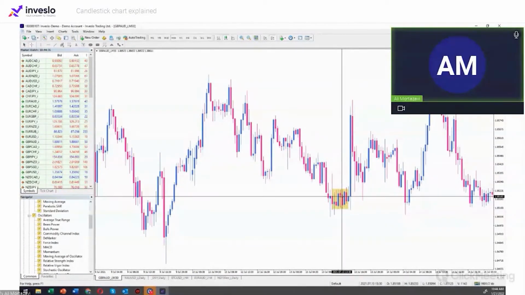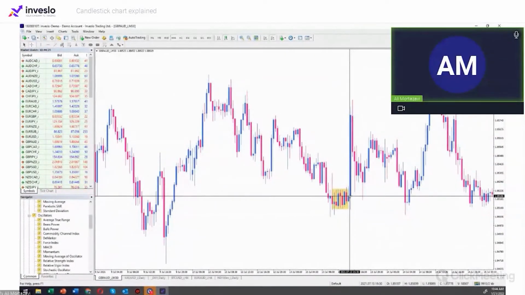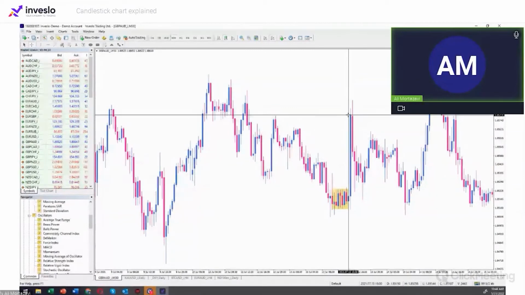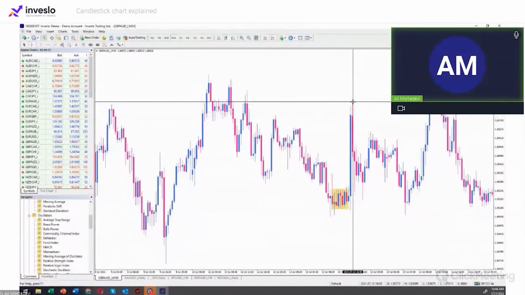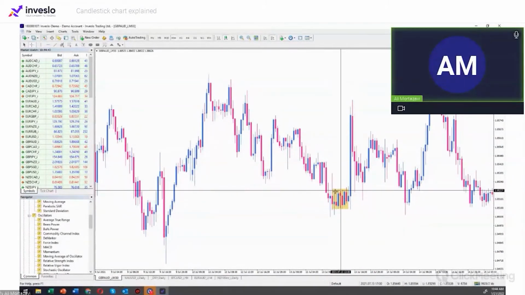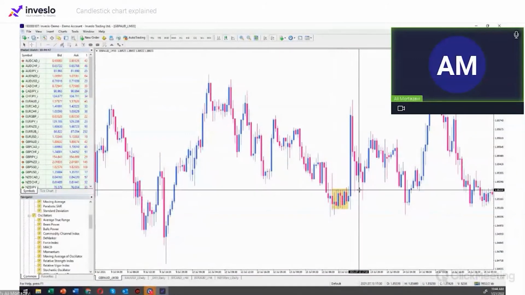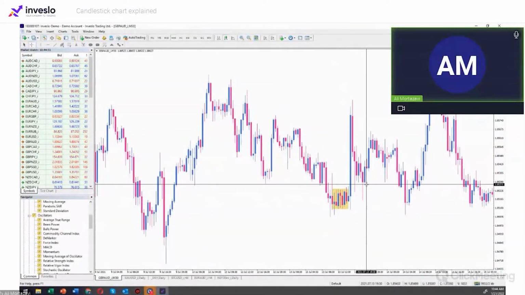The thing that is important to us is that this long body here means buyers pushed prices aggressively in a 30 minutes session, and then after that you see a very remarkable reaction from the sellers, and then you see the price back to this balance level here around 1.85, for example.